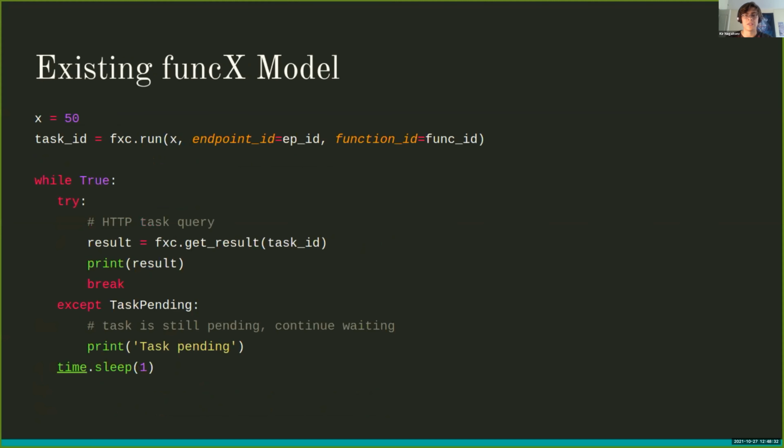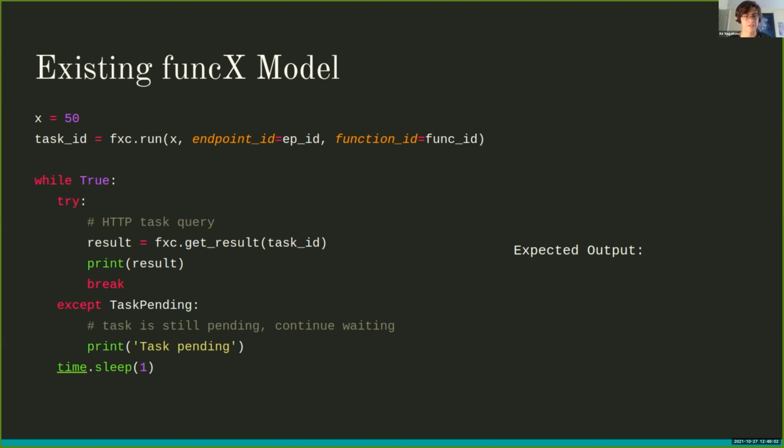As you can see, our existing funcX model requires us to query periodically for a task result over HTTP if we want to get our result back quickly. In this case, we're querying every second, sending our get result over HTTP every second, and once we get our result, we print it out.